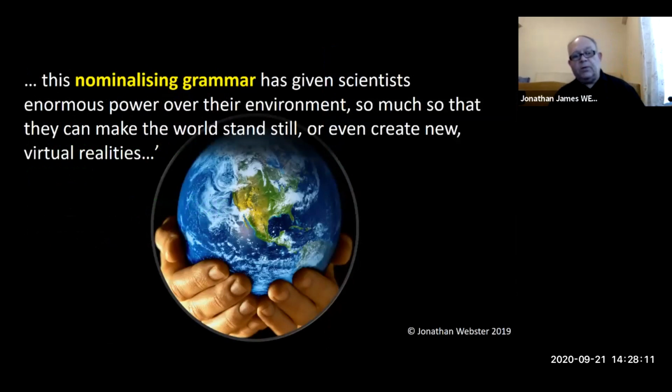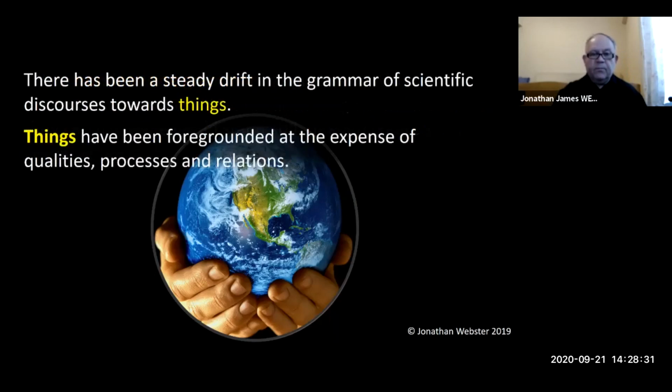This nominalizing grammar has given scientists enormous power over their environment, so much so that they can make the world stand still. Or as Halliday puts it, create new virtual realities. There's been a steady drift in the grammar of scientific discourses toward things.